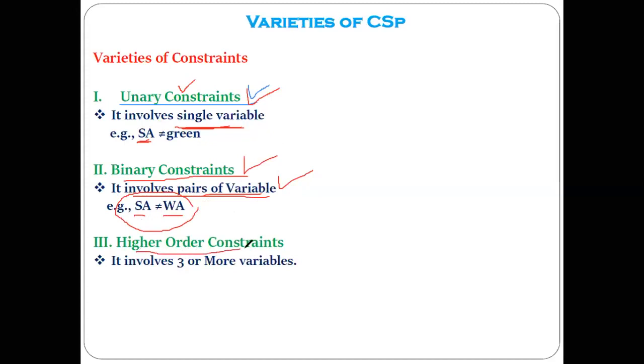When there are three or more than three variables, that comes under the higher order constraint. So a 2 marks question can be asked on this, the varieties of the CSP and the varieties of the constraint. There you can have this simple discussion.